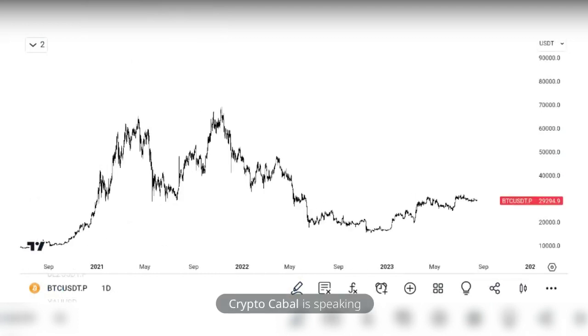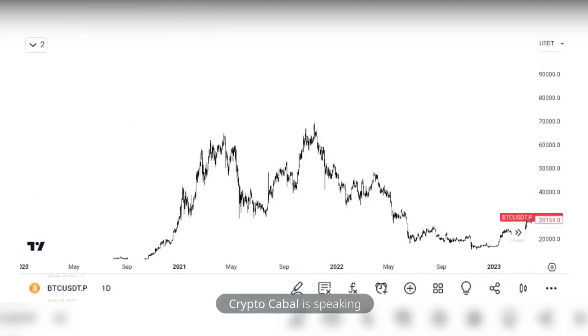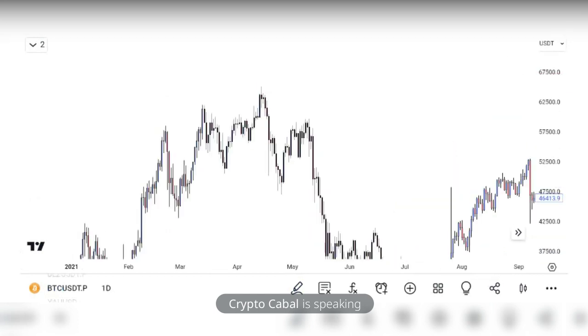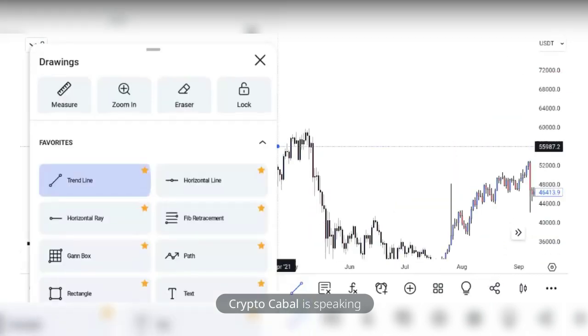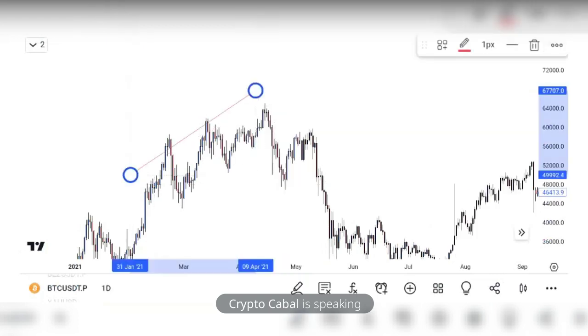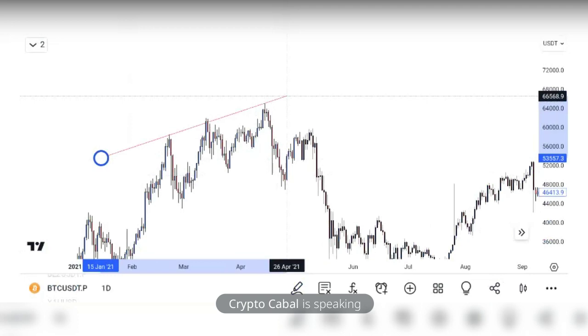Now, when we are talking about the head and shoulder pattern, this is an example of one. You can see at this point that we have an uptrend here. Price is going up at this point.